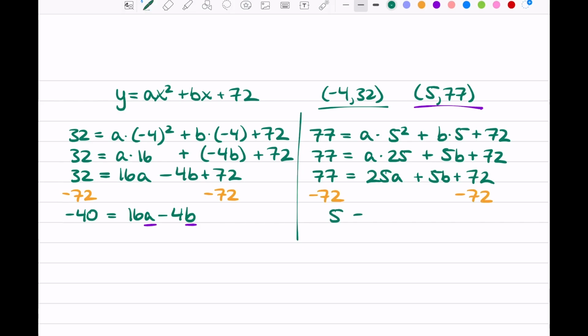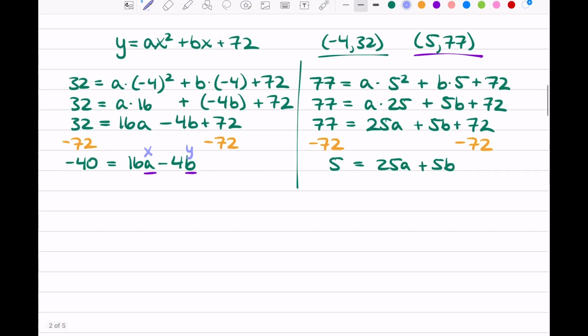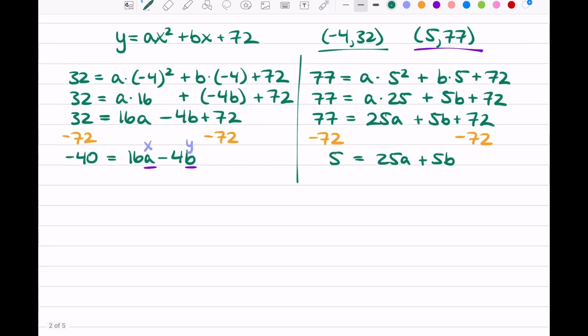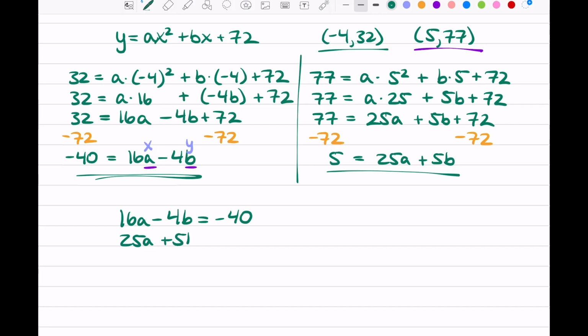We get 5 equals 25a plus 5b. In the past, when we looked at systems of equations, we usually had x and y. In this case, we have a and b, different letters, but it's the same process. So let's line up our two equations and see what we can do. Our first equation, I'll write as 16a minus 4b equals negative 40. And I'll bring the second one down: 25a plus 5b equals 5.